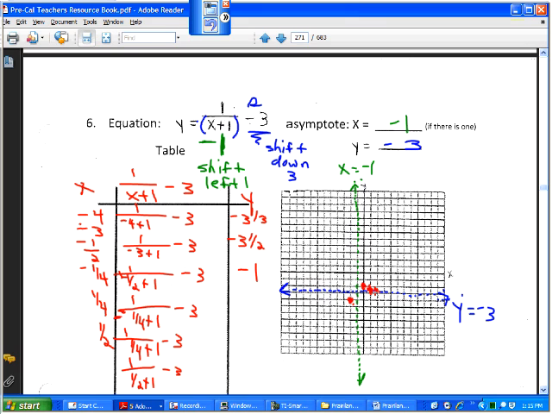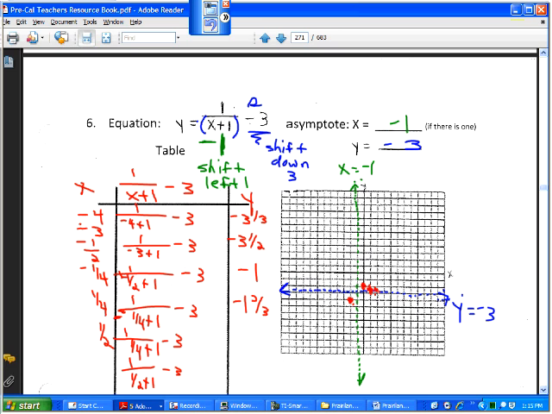Negative 1/4 plus 1 is 3/4. The reciprocal of 3/4 is 4/3, which is 1 1/3. You take 1 1/3 off of negative 3, and you've got negative 1 2/3. There you have it. 1/4 plus 1 is 5/4.